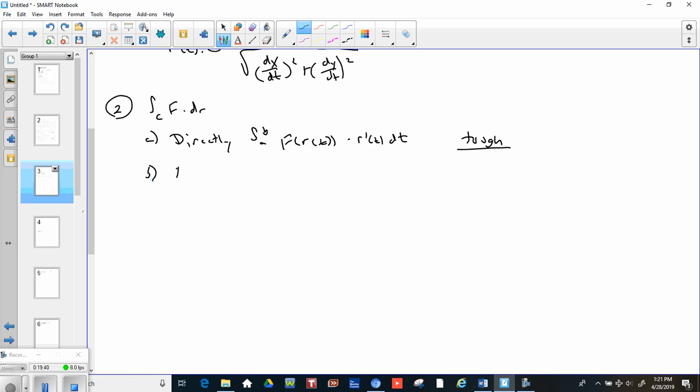Option B, and this is the important part because you have to meet the conditions, so this is the stuff we have to know: if f is two-dimensional and C is closed and positively oriented, then we can use Green's theorem.